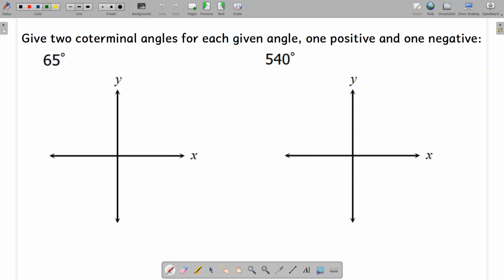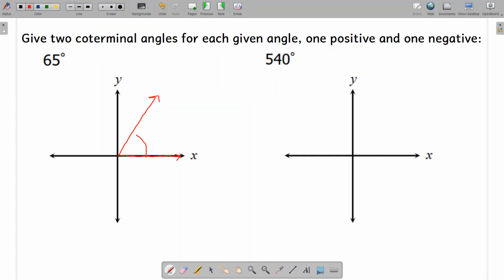Now, a lot of times we're going to be looking for a positive and a negative coterminal angle for a specific given angle. So for something like this, I would start off by sketching the angle that I'm actually given. So in this case, 65, so very similar to the one we just did.